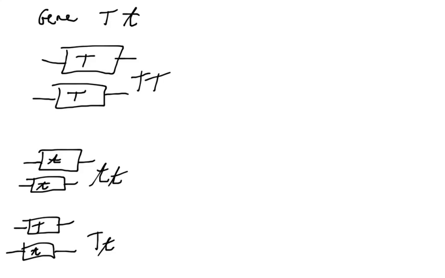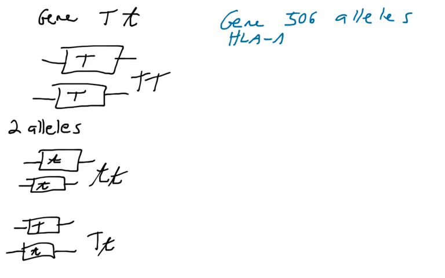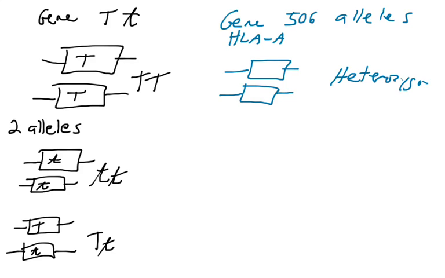And this is a pretty simple, manageable concept when you're talking about one gene with 2 alleles. Well, for the MHC class 1, and let's just focus on the HLA-A gene, there are 506 known different alleles, right? So what are the odds that you have inherited 2 different ones?